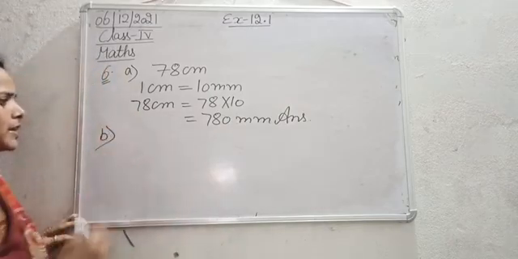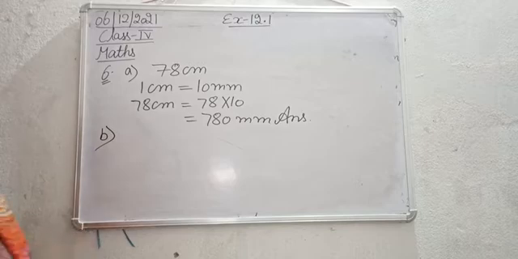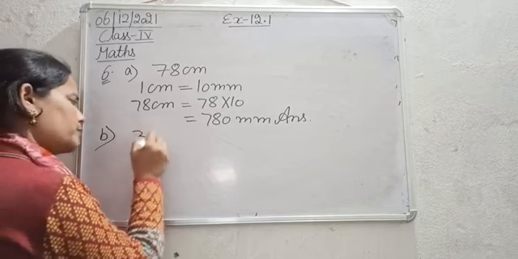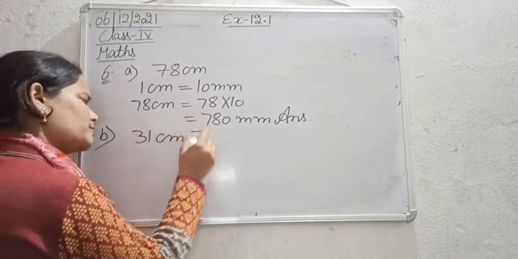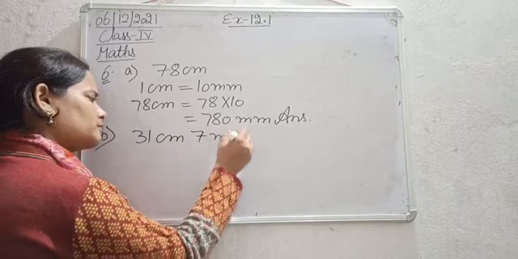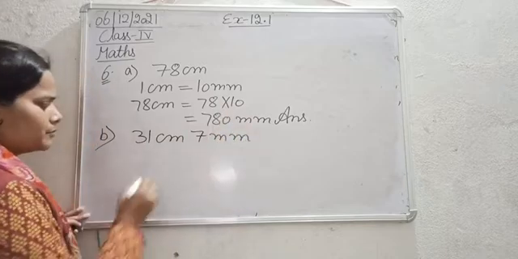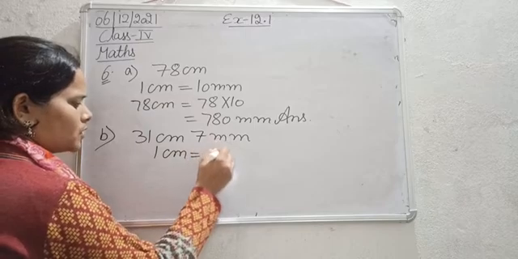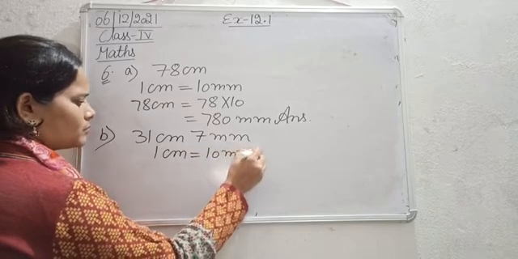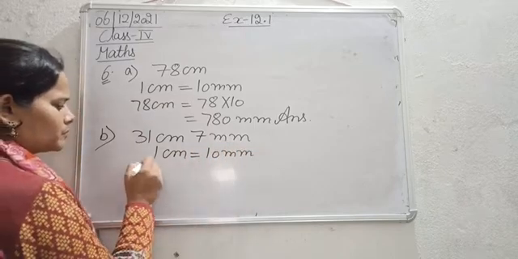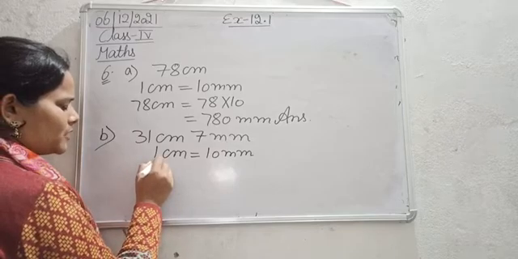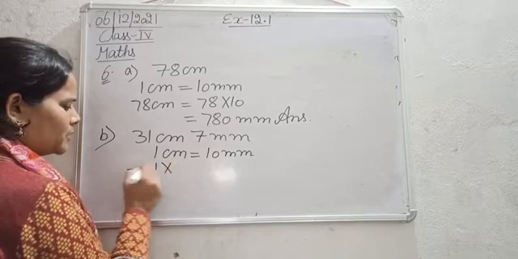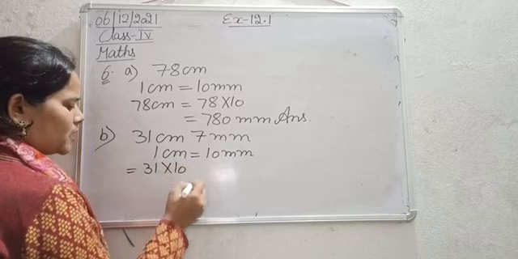Moving next to the B part. The B part is 31 centimeter 7 millimeter. 1 centimeter is equal to 10 millimeter. So 31 centimeter will be converted into millimeter by multiplying it with 10.